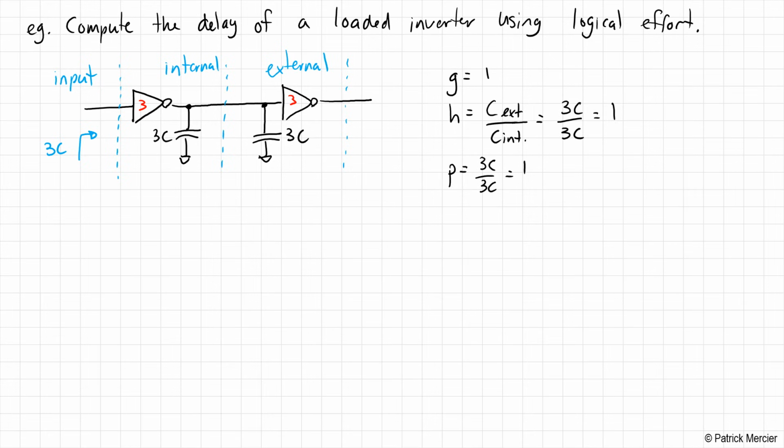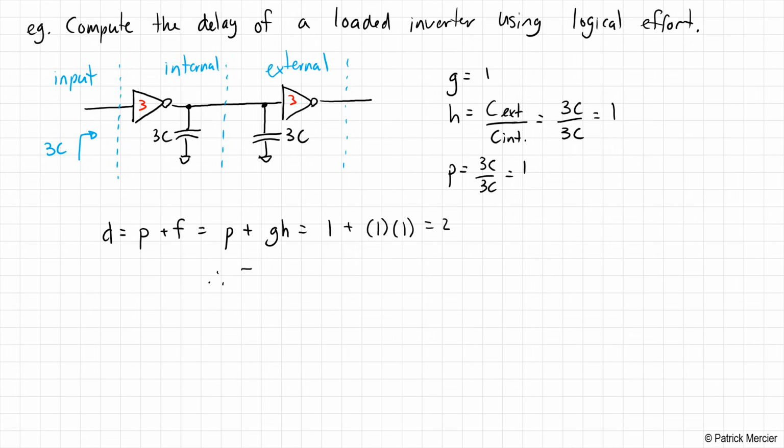This is kind of a trivial example, but let's make sure we get the right answer. The delay through our circuit is equal to P plus F, the parasitic delay plus the effort delay. The effort delay is just equal to G times H. So we get 1 plus 1 times 1, which is equal to 2.